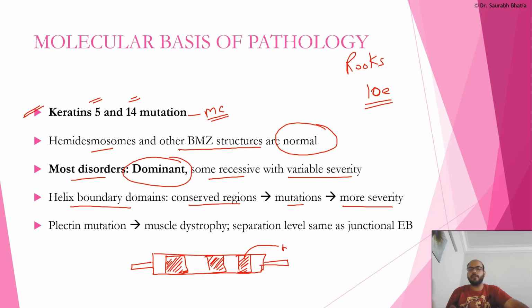And if there is a mutation in these conserved regions, the severity would be more because these regions are important. All the other regions in between are non-conserved regions, and any mutation in a non-conserved region may or may not be severe because they are not exactly important for the aggregation of keratin filaments. Okay, so if the conserved regions have a mutation in them, there will be more severity. Am I clear on that?